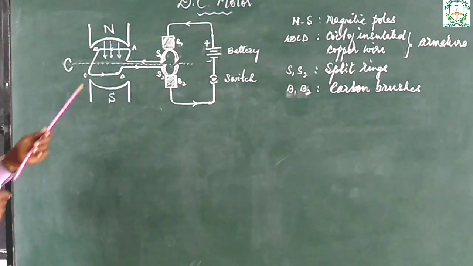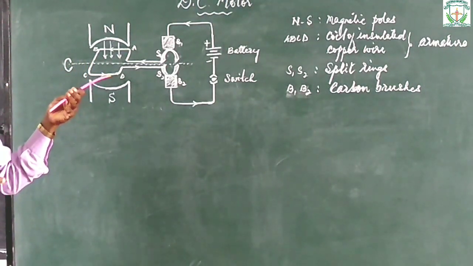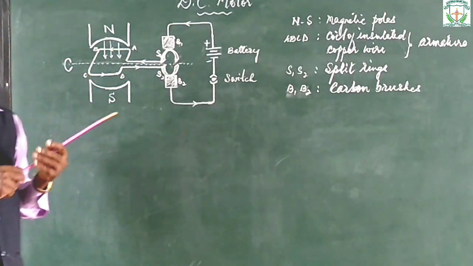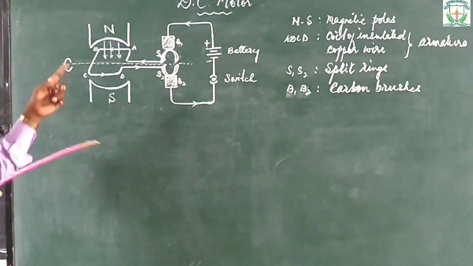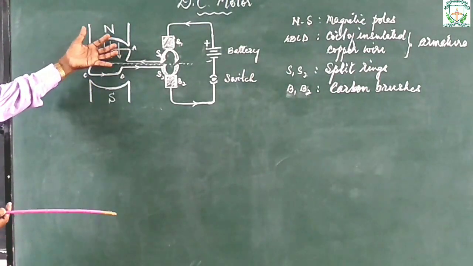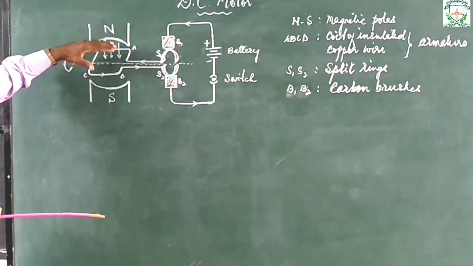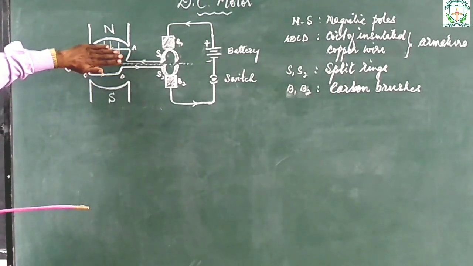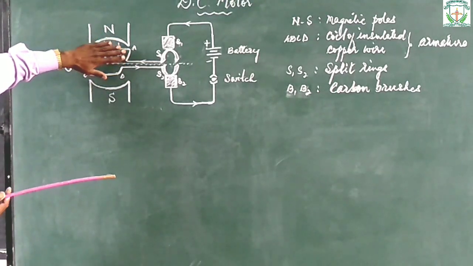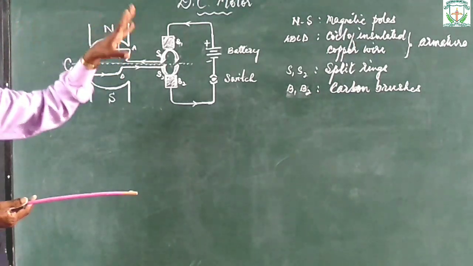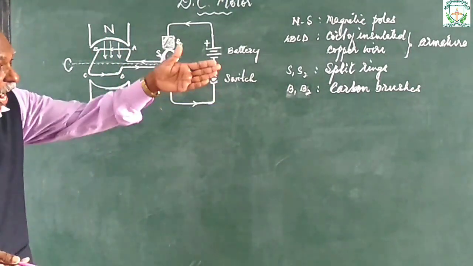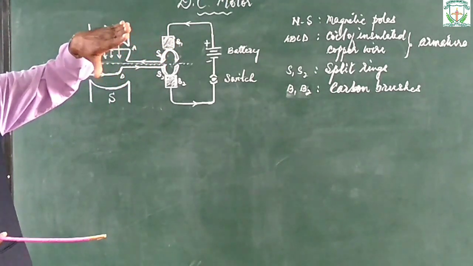At the same time, the mechanical force acting on the arm CD of the coil will be inward. So the two forces are equal and opposite. Hence this coil makes half a turn. 180 degrees it rotates. That is called the half cycle of the armature.